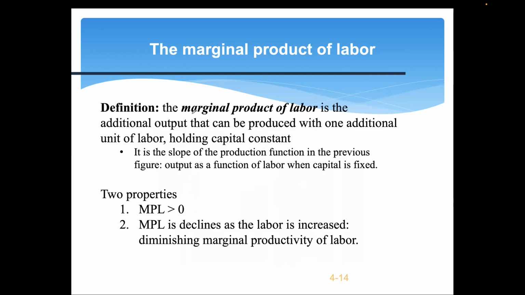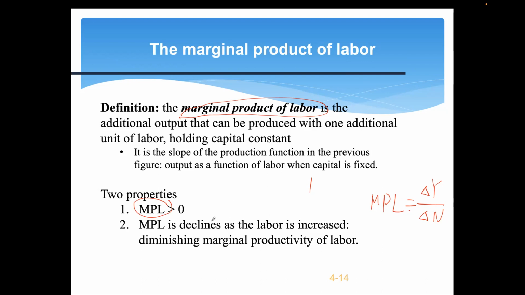Definition. The marginal product of labor, usually we call it MPL, is the additional output that can be produced with one additional unit of labor, or more precisely, this equals delta Y divided by delta N. Regarding the marginal product of labor, first, it is positive. It's obvious. The more workers you have, the more you can produce.